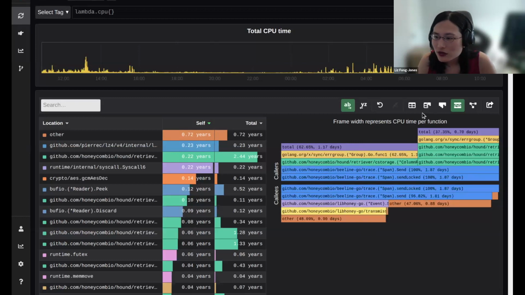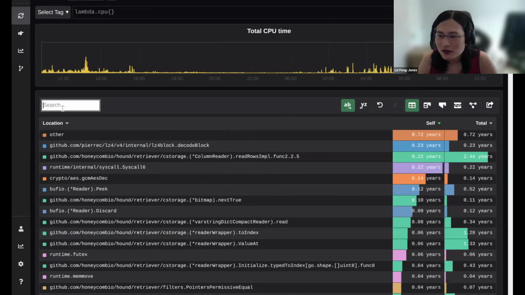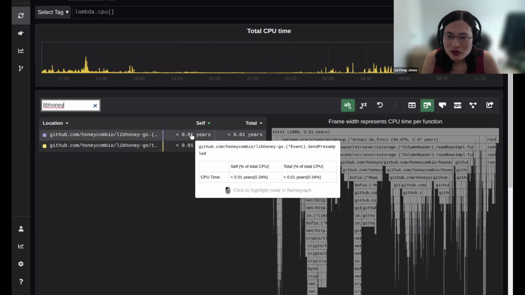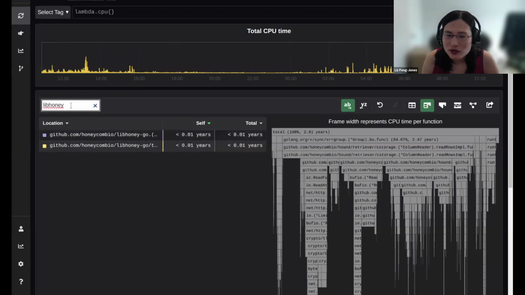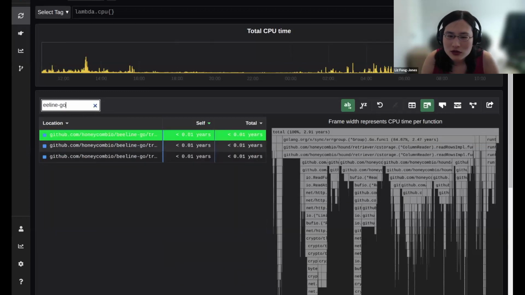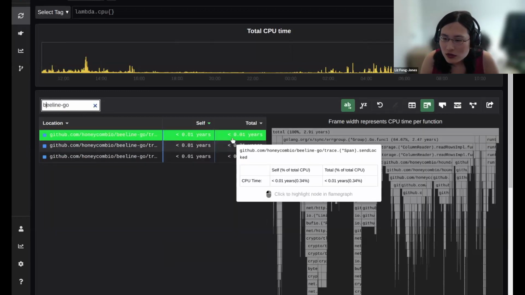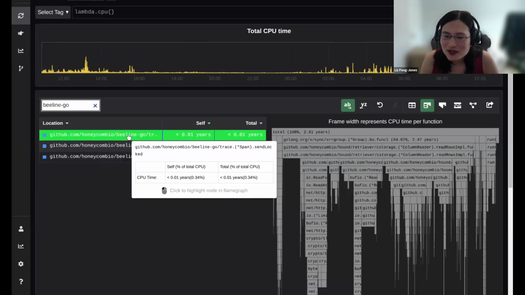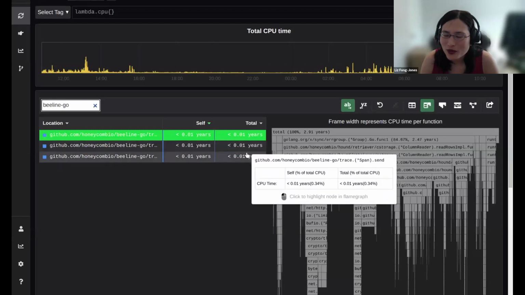Okay, let's also search for libhoney while I'm at it. Table and find that. 0.34%. Yeah. The overhead of this is less than 0.5%.